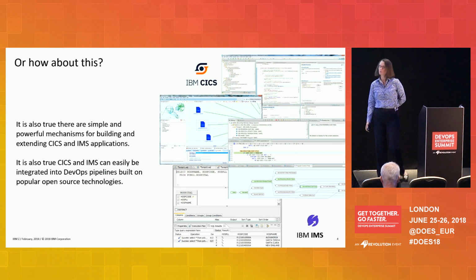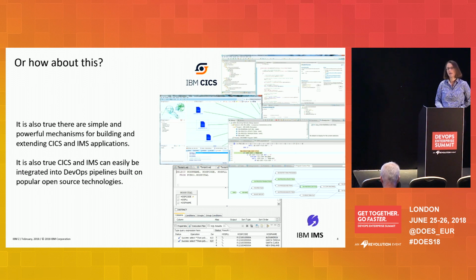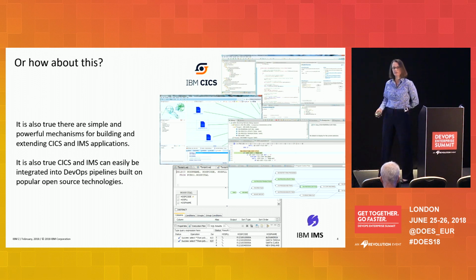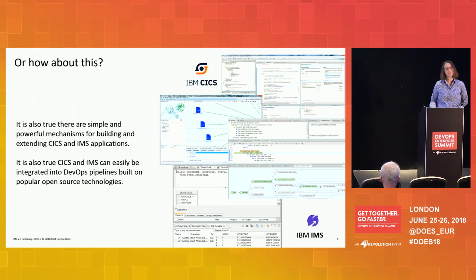z/OS has been transforming for a long time. And if you look at the Z hardware itself, it's the most modern hardware that we have in the environment. But the way we treat it is as a system that was built in the 1960s or 70s with waterfall development practices. And we haven't necessarily transformed the way we do work.